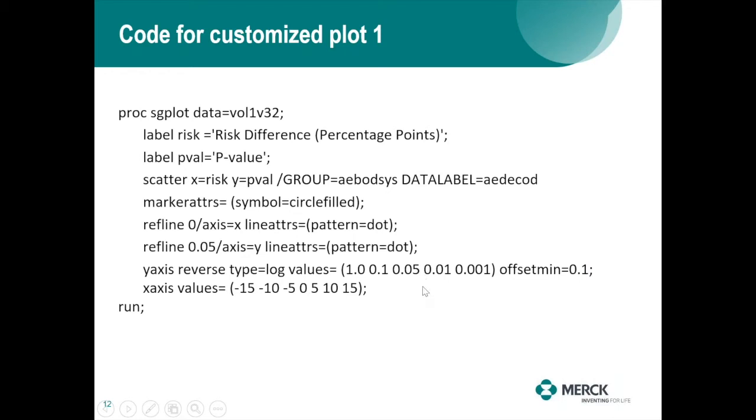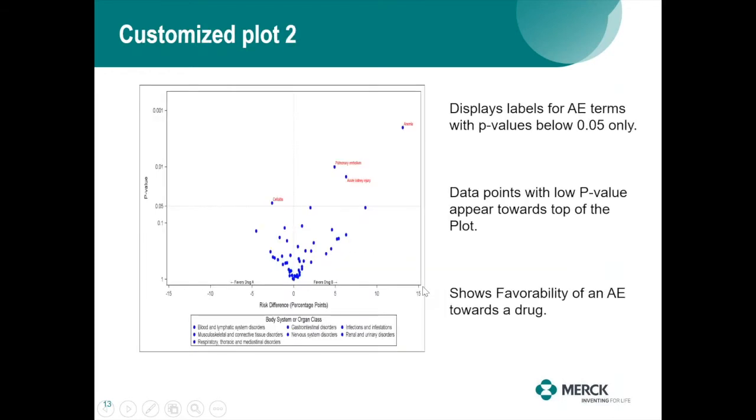And the next customized plot is this graph that displays labels for AE terms with p-values below 0.05 only, and shows the favorability of an AE towards a drug.